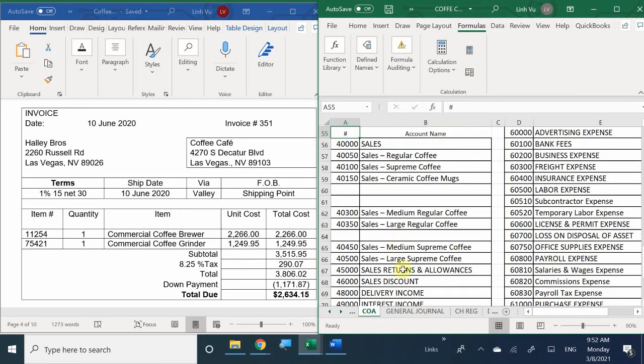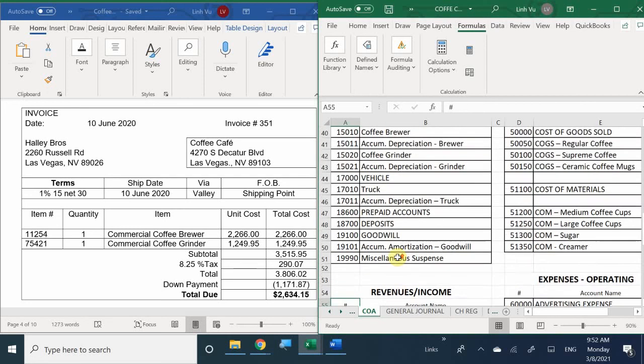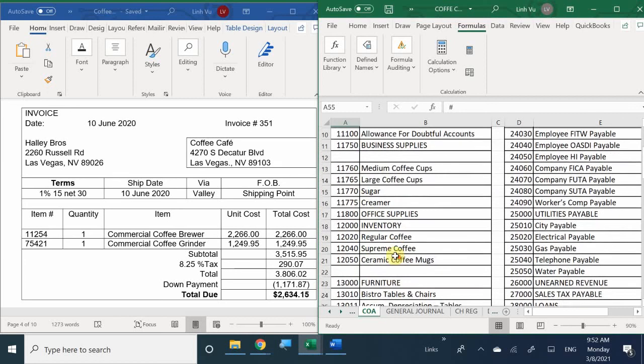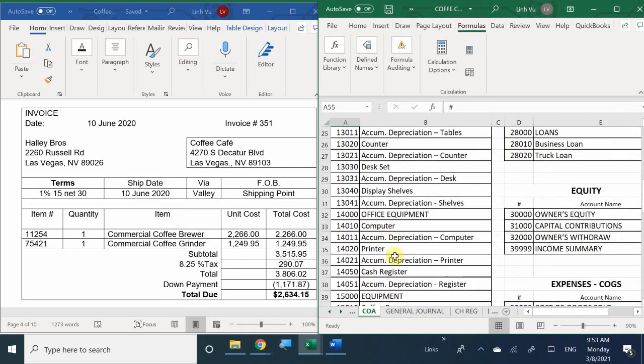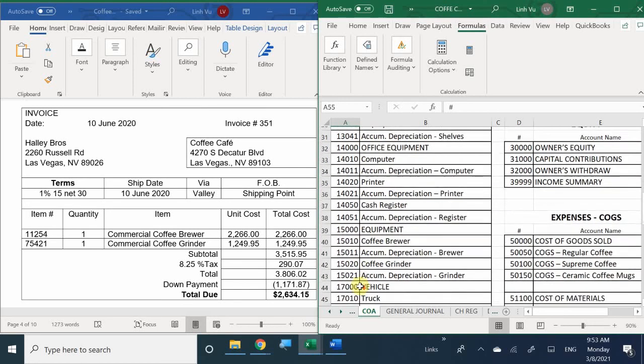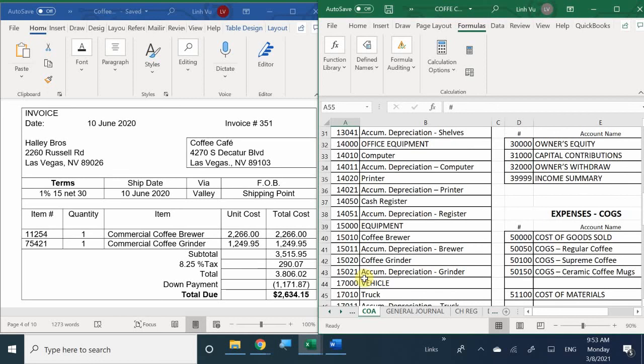That's the first thing that we got was the coffee brewer. Now, do we have a coffee grinder account? Yes, we do. All right, here they are. What are they? Coffee brewer is 150.10 and coffee grinder is 150.20. Perfect. 150.10 and 150.20.